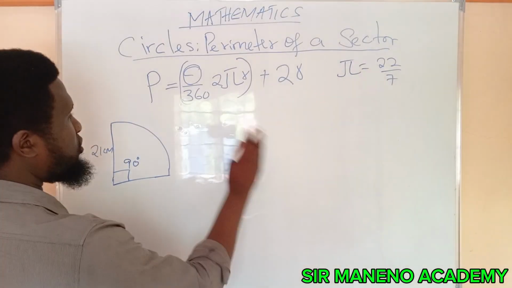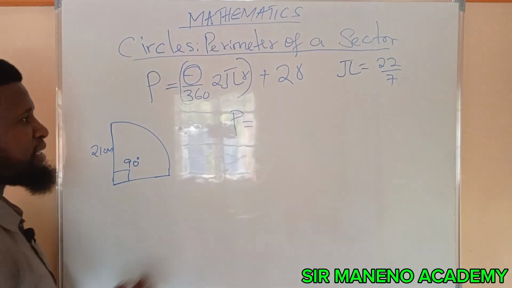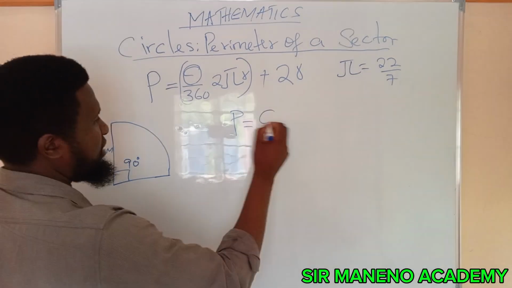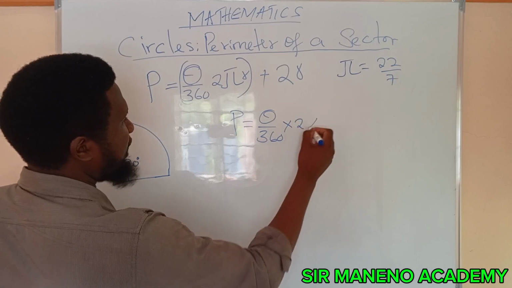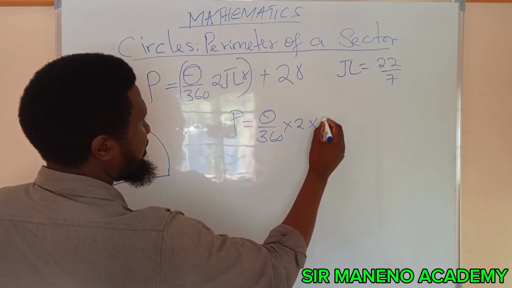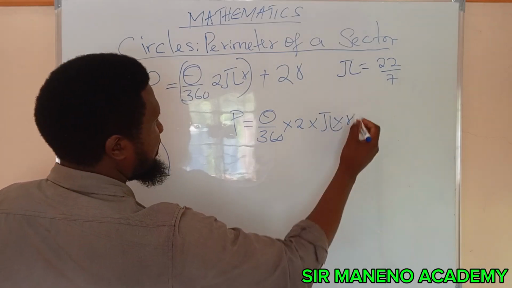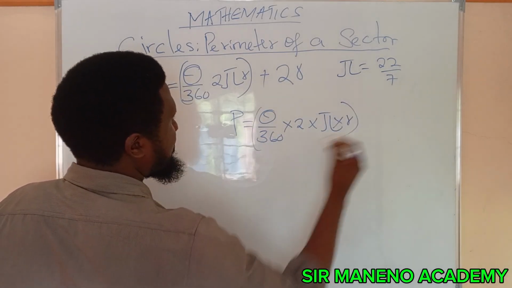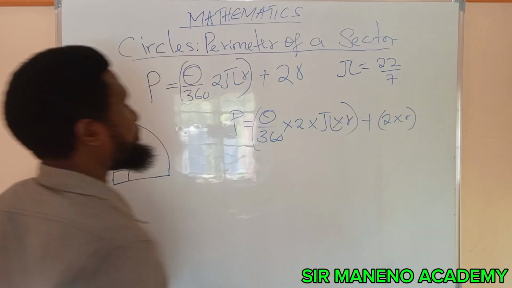So we have our theta, our radius, and our pi. We apply our formula: the perimeter is always given by theta over 360 times 2 times pi times r, all of this plus 2 times r.